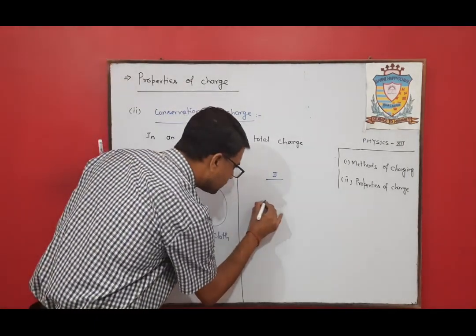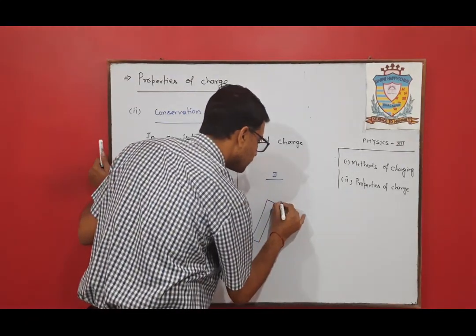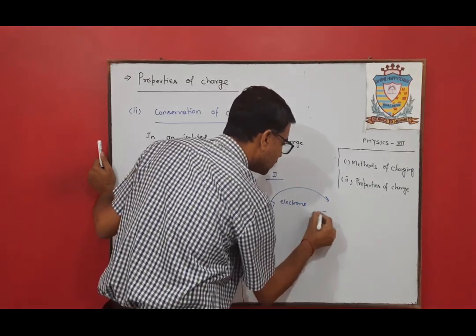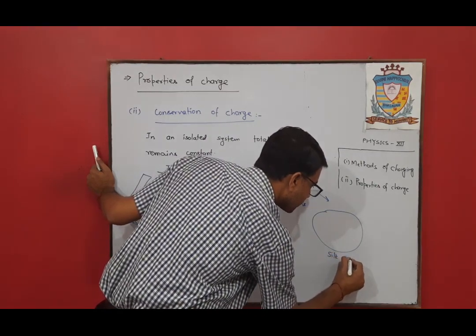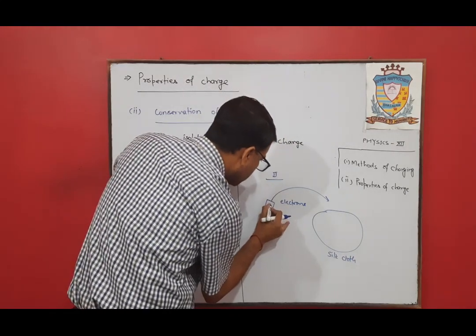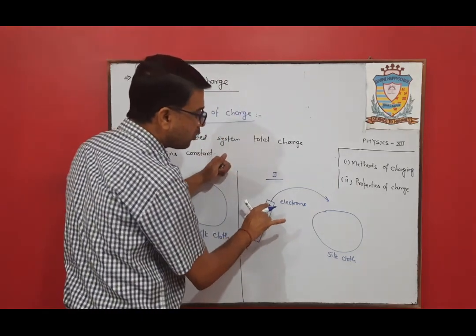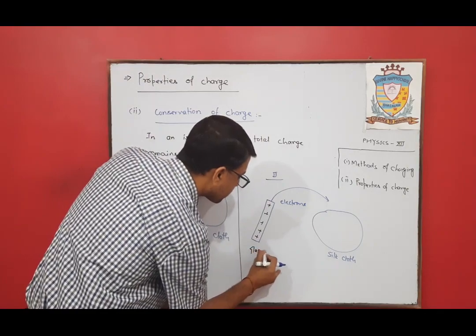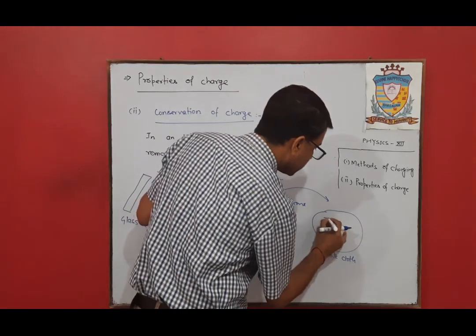Some electrons move from glass rod to silk cloth. Due to the movement of electrons from glass rod to silk cloth, this glass rod will become positively charged, while this silk cloth becomes negatively charged.